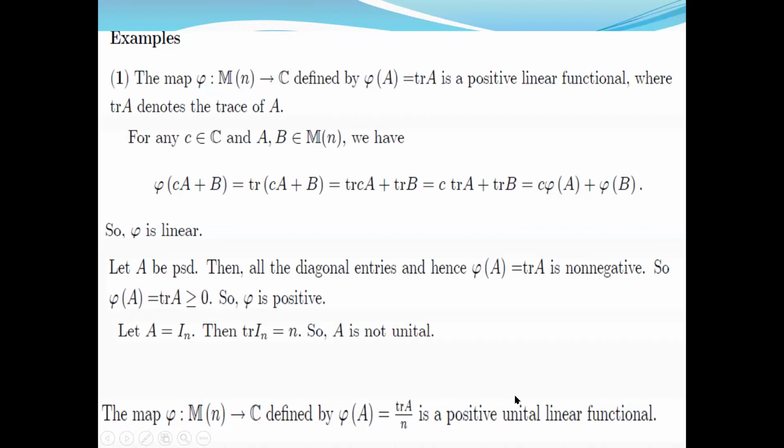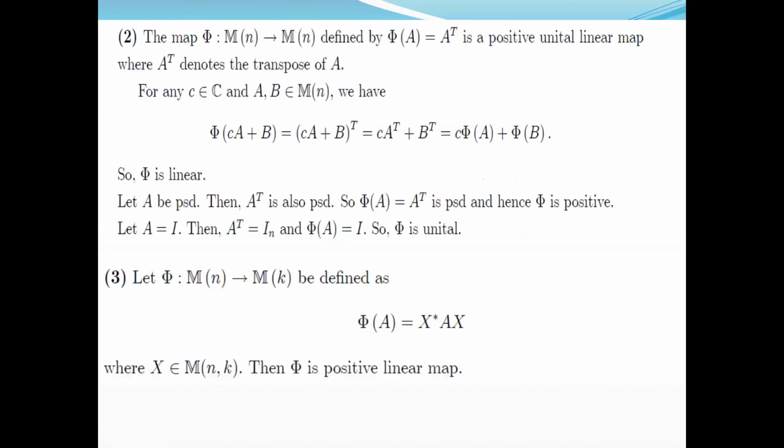Positivity and linearity follow as above in the case of phi(A) = trace(A). And why is it unital? Because if we take A to be the identity, then the trace of the identity is n divided by n, which comes out to be 1. So phi(A) = trace(A)/n is a positive unital linear functional.